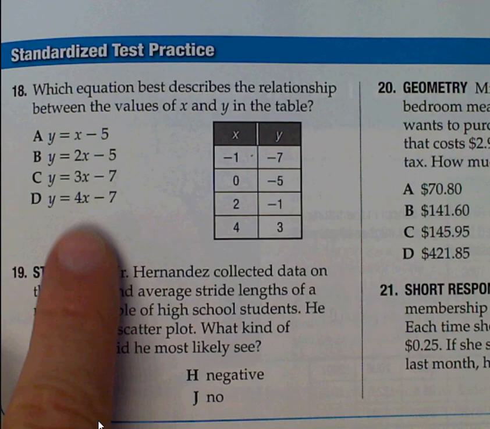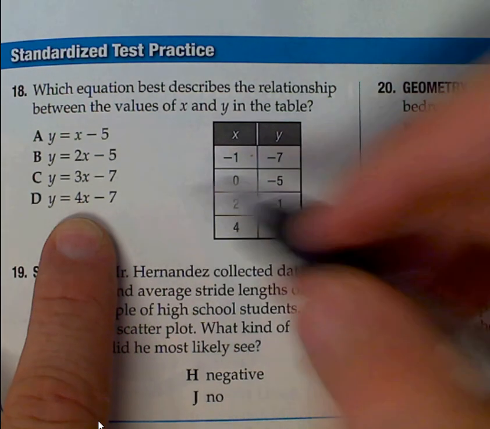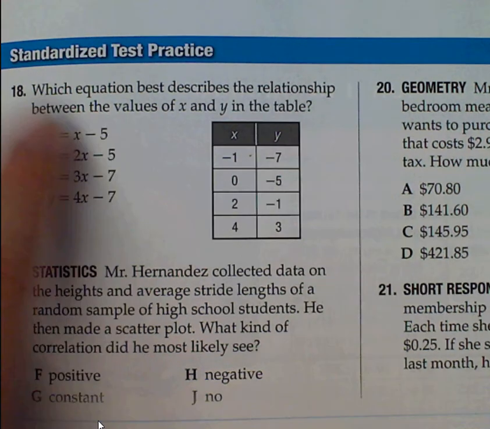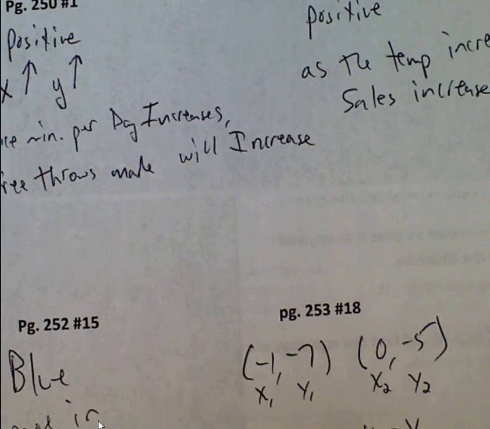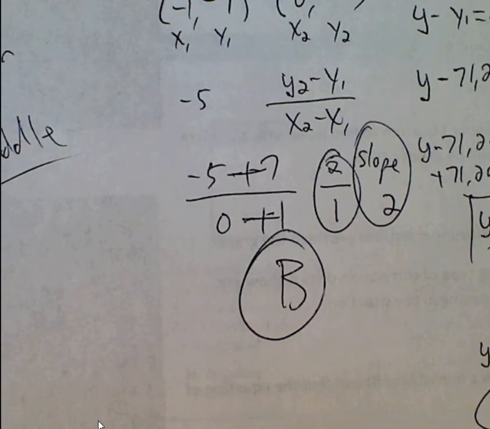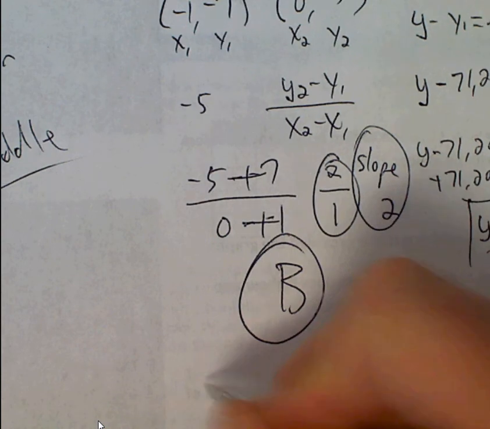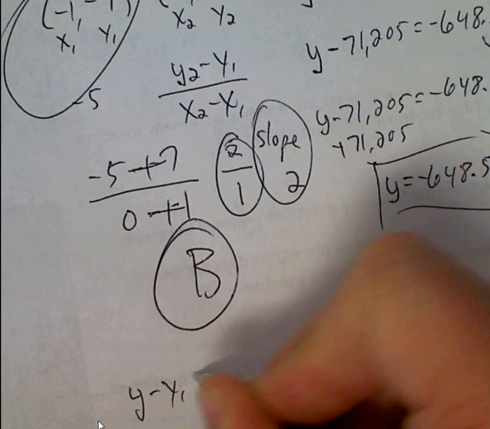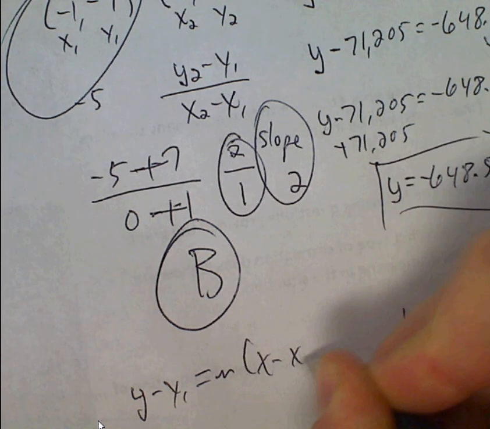Let's look at my choices. The only one that has a choice of 2 as my slope is B. So I know B is going to be the answer. But let's go ahead and finish this. My slope is 2, and I'm given a point, so I'm going to use this point. I have y minus y1 equals m times x minus x1.